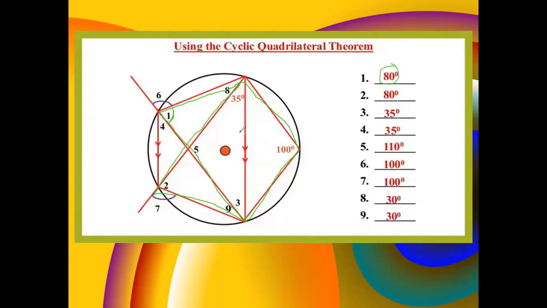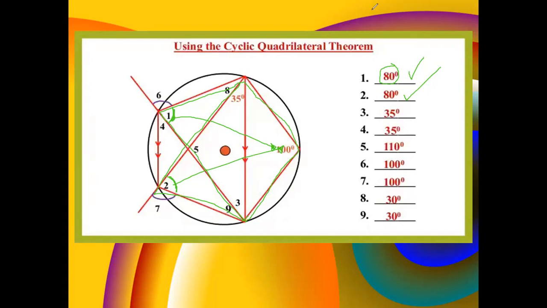Remember the opposite angle is 100 degrees, and opposite angles are supplementary and the total is 180. So this is 100, therefore this one is 80 degrees. Number 2, 80 degrees also. This is the opposite angle also of this 100 degrees here, therefore it should be 80 degrees so that it will add up to 180.